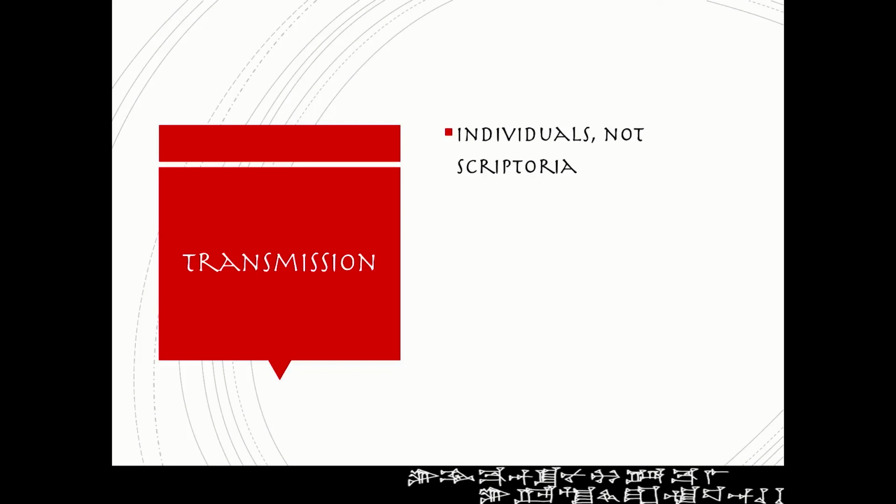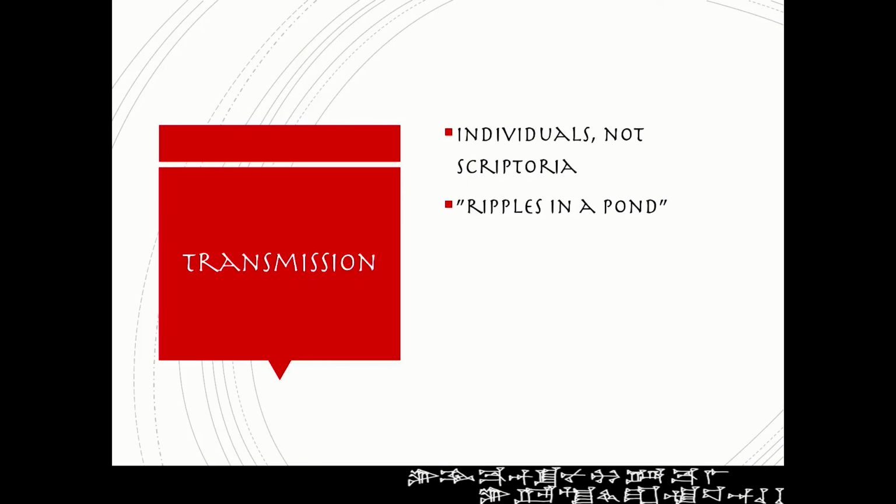So individuals were responsible for copying the text. Now, Aland gives the metaphor of individual centers of copying, centers of transmission. He likens them to ripples in a pond, a stone being thrown into a pond and creating ripples.